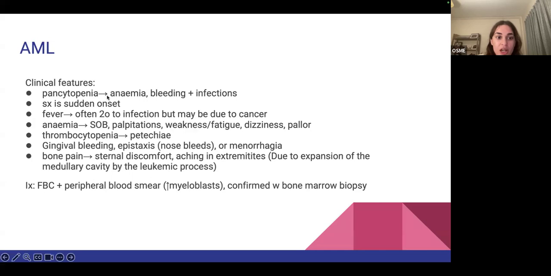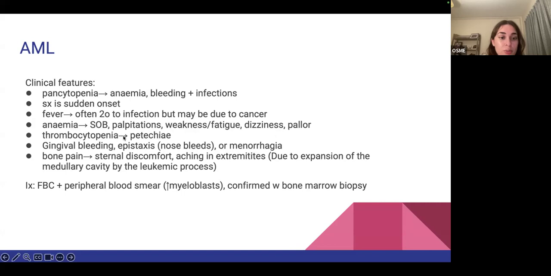So it's pretty nasty. They'll often have fever, they'll have infective symptoms, but the fever just might be because of the cancer itself. They'll have the anemia symptoms of shortness of breath, palpitations, feeling generally quite lousy. Sometimes if it's really severe anemia, they might feel dizzy.